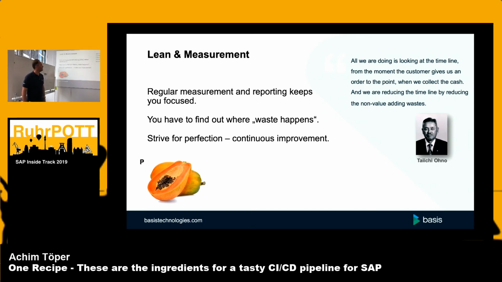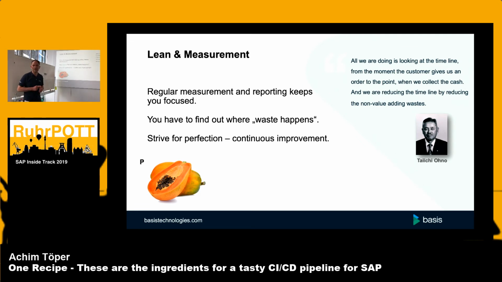And in between, they are reducing the timeline by reducing the non-value-adding wastes. So it's about avoiding waste. So that is on you to find out where waste happens. There is a good blog post. So if you search in the search engine with a big G about the 7 wastes of lean, then you will find them.